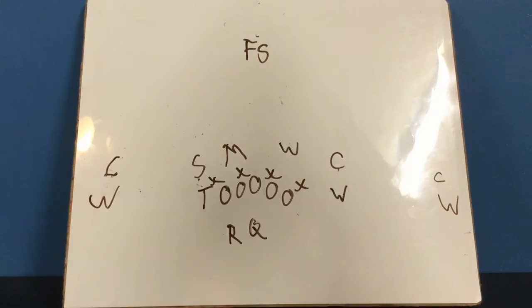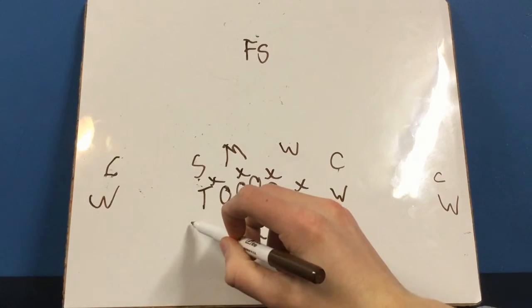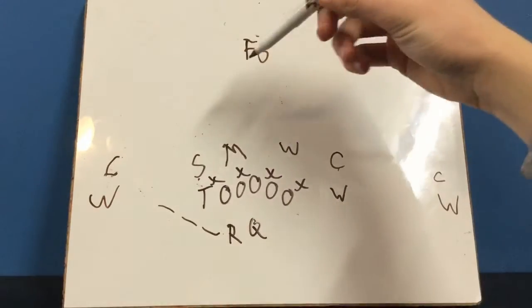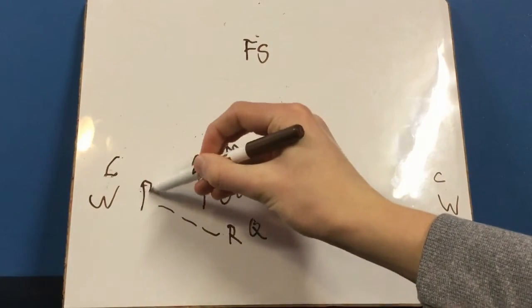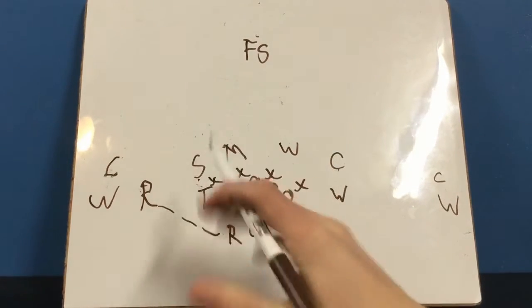So let's say, again, for the sake of things, we motion the running back out. And I'm going to show some more examples after, just to make this a little clearer and just to give more than just this one example. Let's say we motion the running back out and nobody follows him.